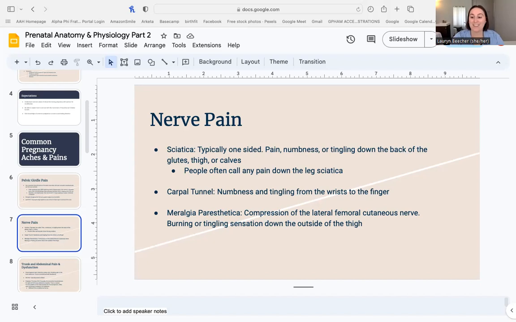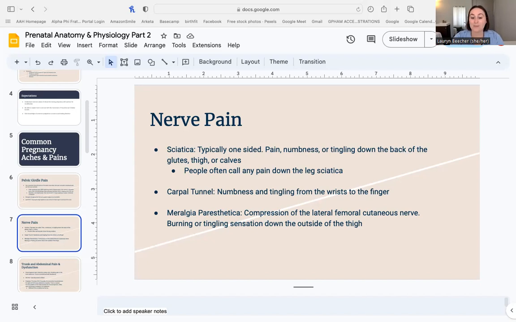Because if they tell you it's on the outside of their hip and thigh, or they mention, when they wear leggings that are a little bit tighter or more compressive, if they're wearing a belt, things that could compress that area on the outside of the hip or on the outside of the thigh, and that's when they feel this pain down their leg, this is more likely the scenario over a traditional sciatica.